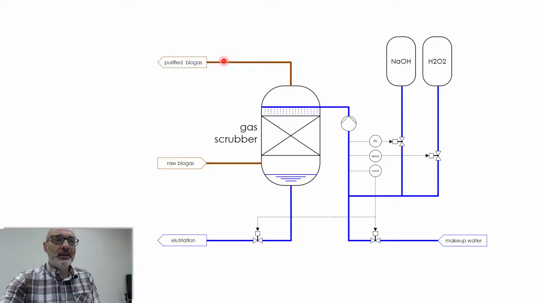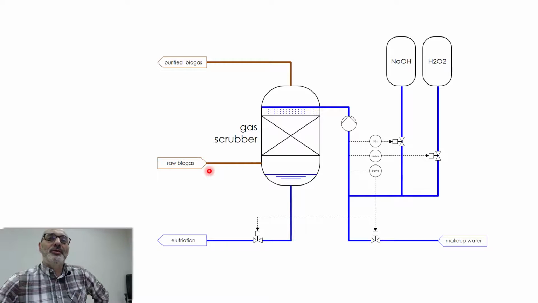For instance, I know that the São Martinho sugar plant intends to do that. They already ferment vinasse and produce methane, but they are only burning methane in order to produce heat. Their intention is to install this kind of equipment and also a compression system in order to sell this as a fuel for cars. So that's the gas scrubbing process.